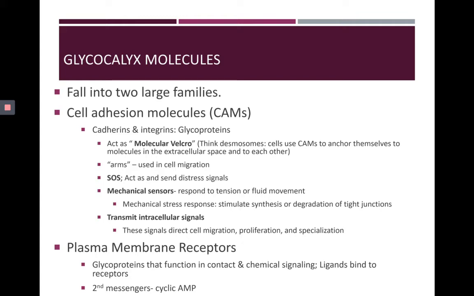One of the most common pathways that plasma membrane receptors help facilitate is second messenger systems. A lot of amino acid hormones are going to use second messenger systems in order to get a signal from outside the cell to inside the cell without actually having something go through the cell membrane. Cyclic AMP is a second messenger for many amino acid hormones.